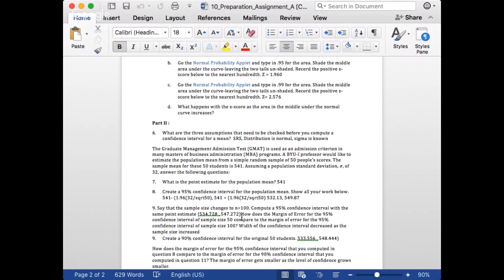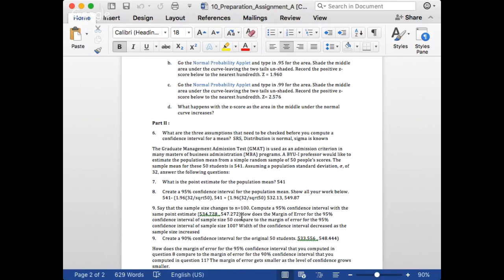The big thing we need to know about this is when the sample size increases, the width decreases. So if your margin of error is, say, 10 to 20, and your sample size increases, your interval is going to compress to be like 12 to 18 or something like that. That makes sense? Mm-hmm.